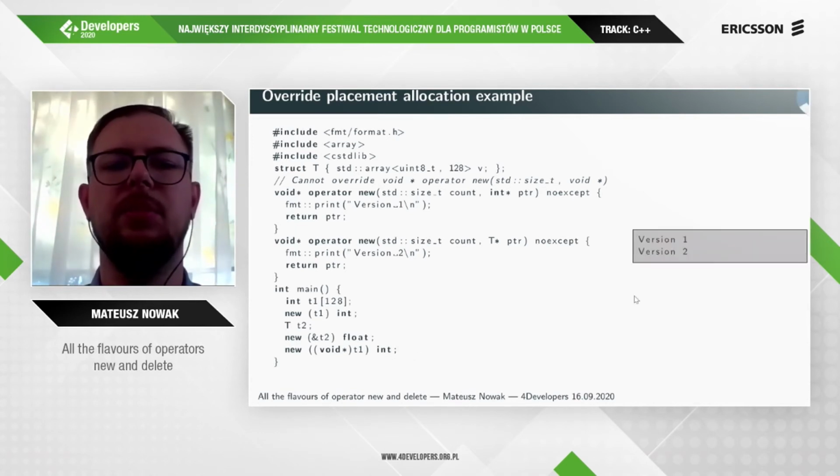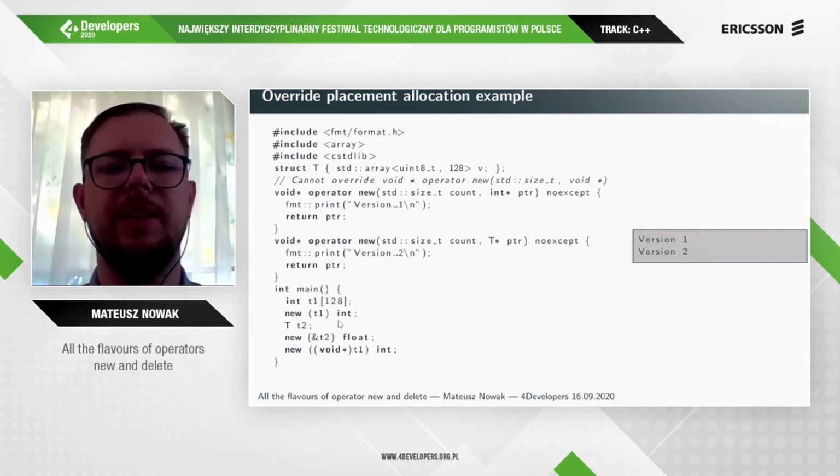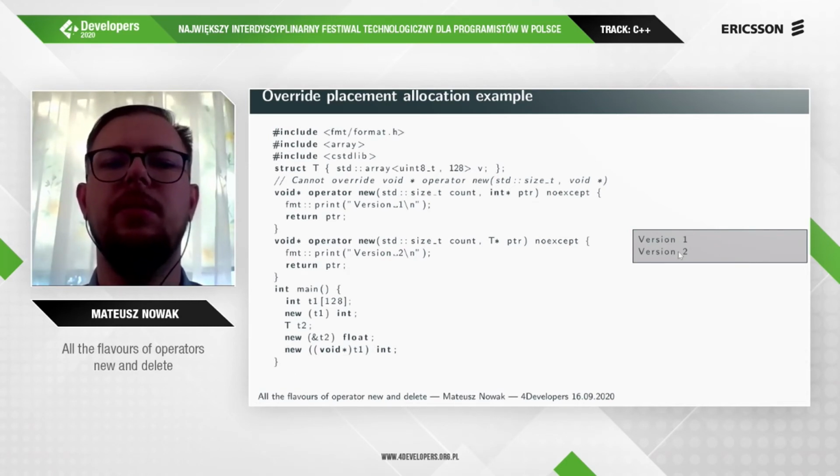And then if we cast T1, being an array of ints, to void star and try to allocate int, we will see the following output. For the first placement new allocation, in place of int, version 1 is called. So this one that has the int pointer parameter. For the second placement new, version 2 is called.